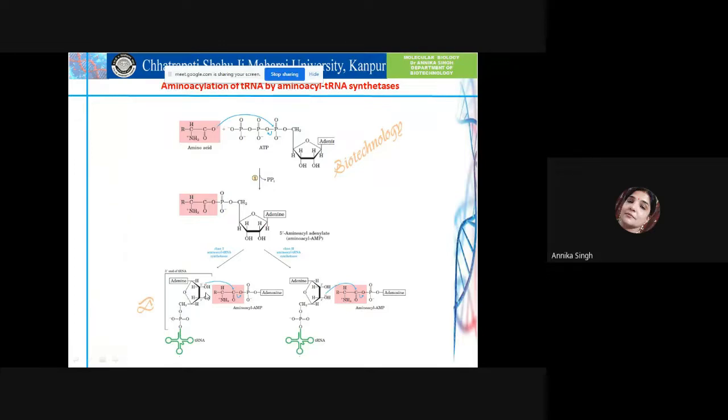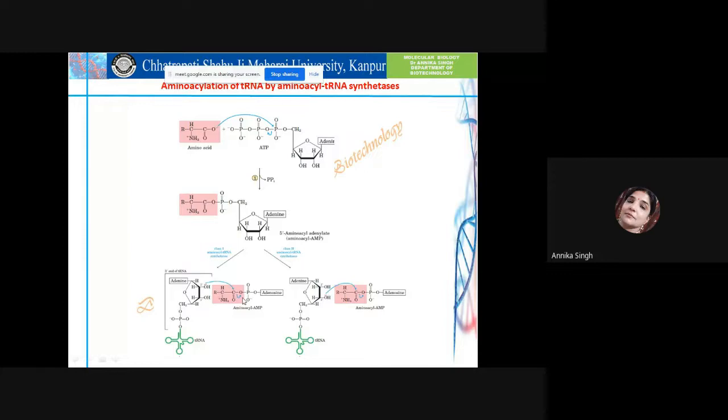The 2' hydroxyl group of the final adenylate of that CCA attacks the carbon of the carboxyl group of the amino acid in the amino acyl AMP complex.